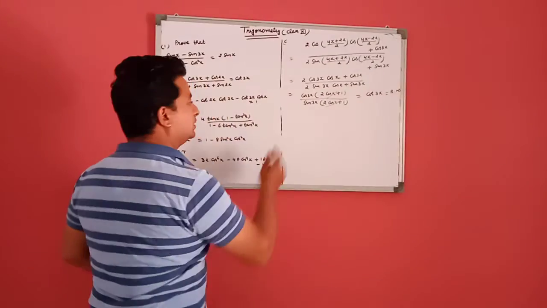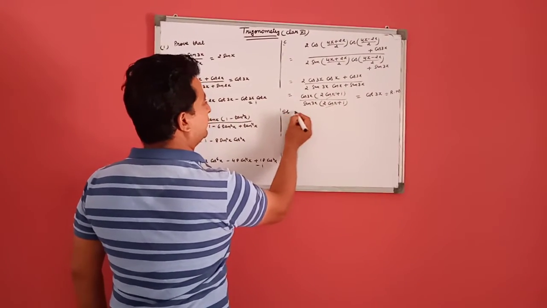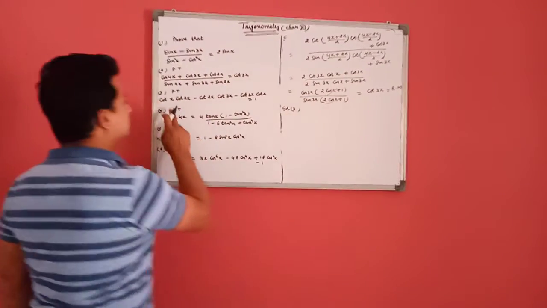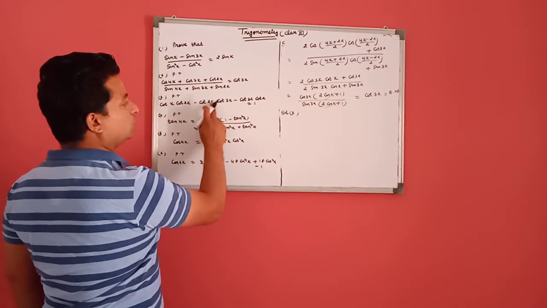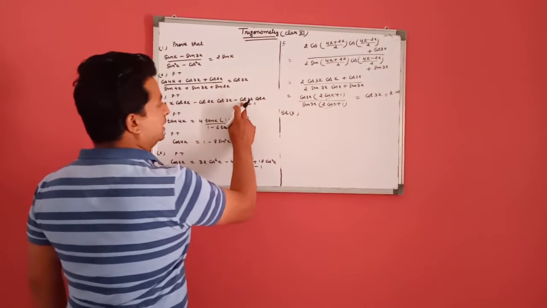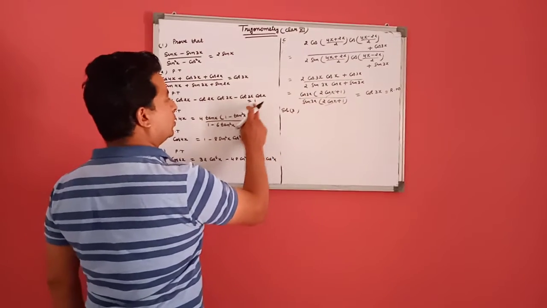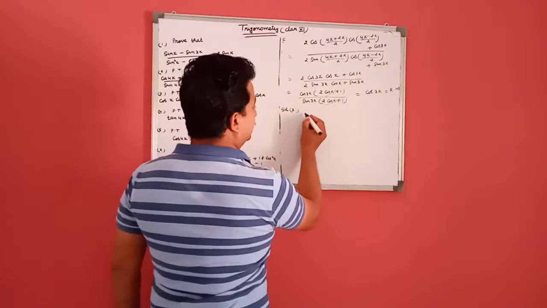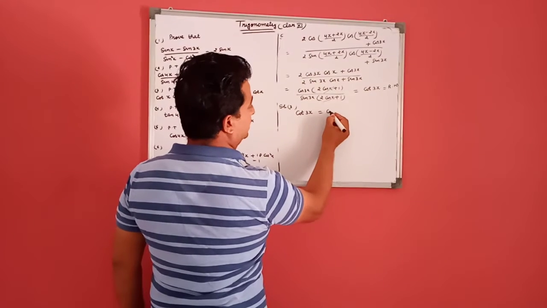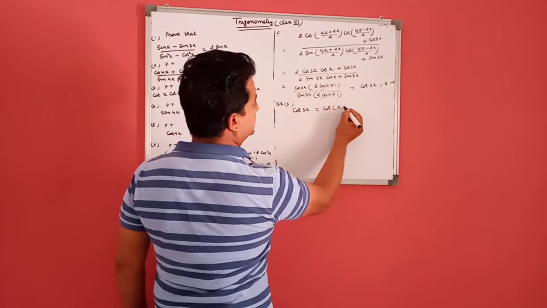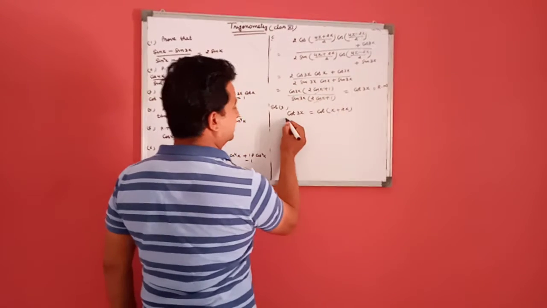In question number 3, we are required to prove that cot x into cot 2x minus cot 2x into cot 3x minus cot 3x into cot x equals 1. In this question, we take the greater angle first, that is cot 3x as cot (x plus 2x).